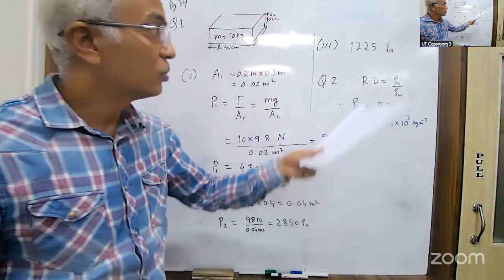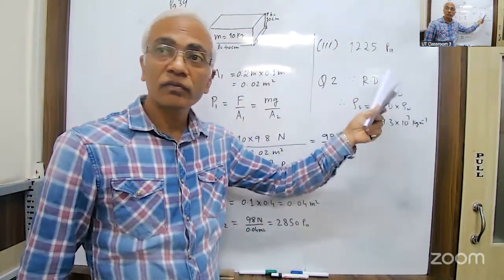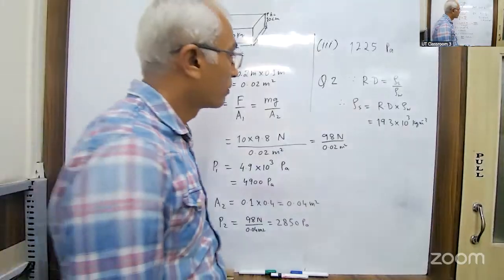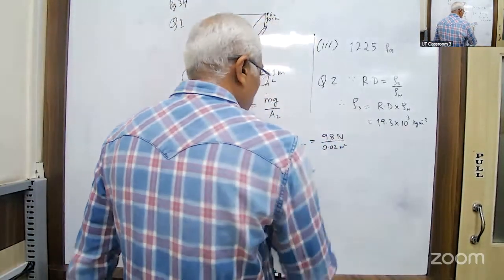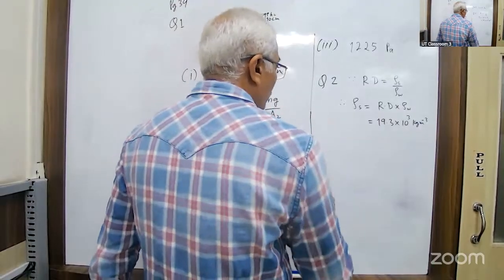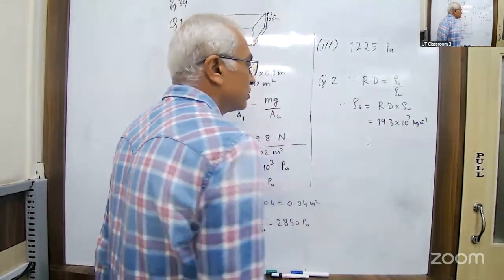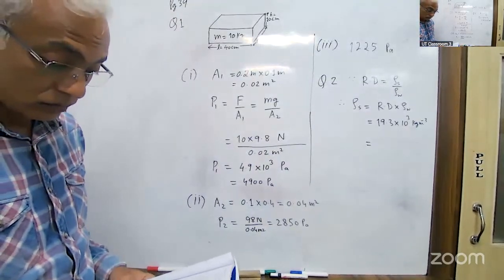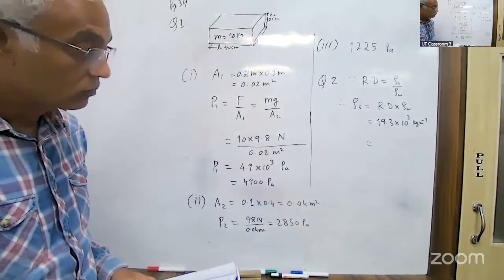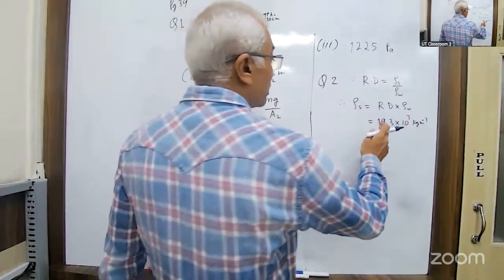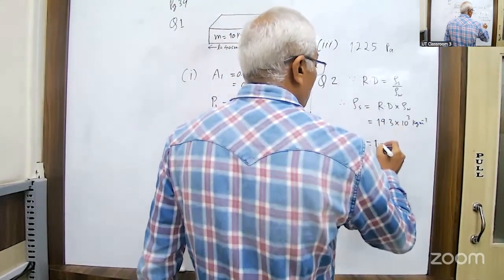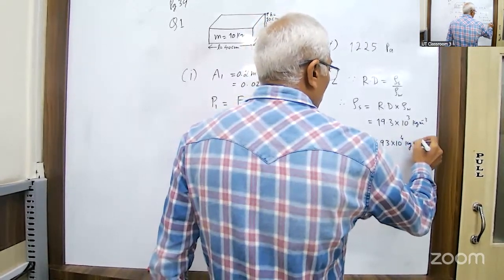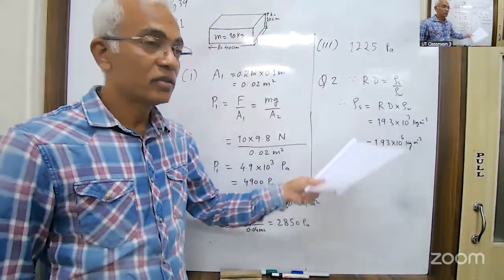Now relative density has no unit because it is a ratio of similar physical quantities. So it will be just a pure number. So how much is this? This is the density of the substance. Generally when we express the answer, we put the decimal after the first digit. So this becomes 10⁴, just by shifting the decimal.